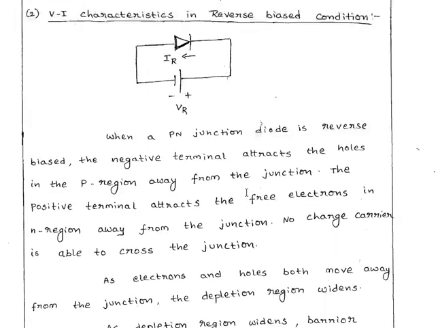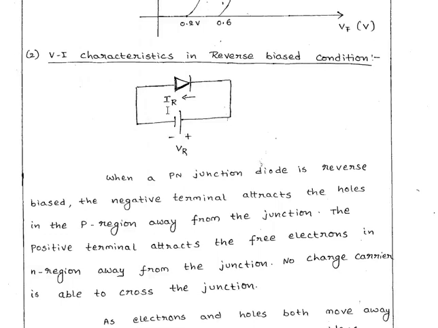Now, if you consider the reverse biased condition, what is the reverse biased condition? The anode of the PN junction is connected to the negative terminal of the battery and the cathode of the PN junction is connected to the positive terminal of the battery, where VR is the reverse bias voltage given by the battery.